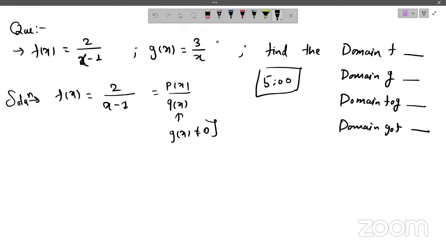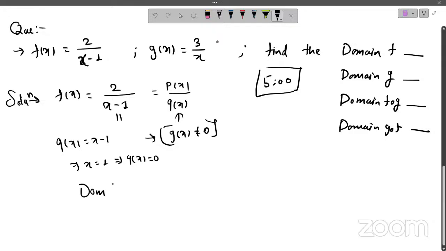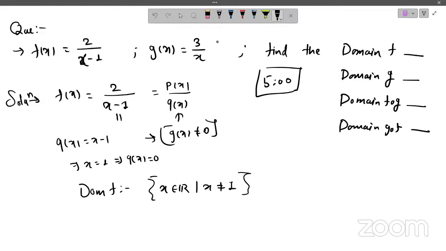Our q(x) should not equal 0. So here what is our q(x)? q(x) is x minus 1. When x minus 1 equals 0, that means x equals 1, which implies our q(x) equals 0, right? So the domain of f is simply x belongs to real numbers such that x is not equal to 1. Is this clear to everyone?